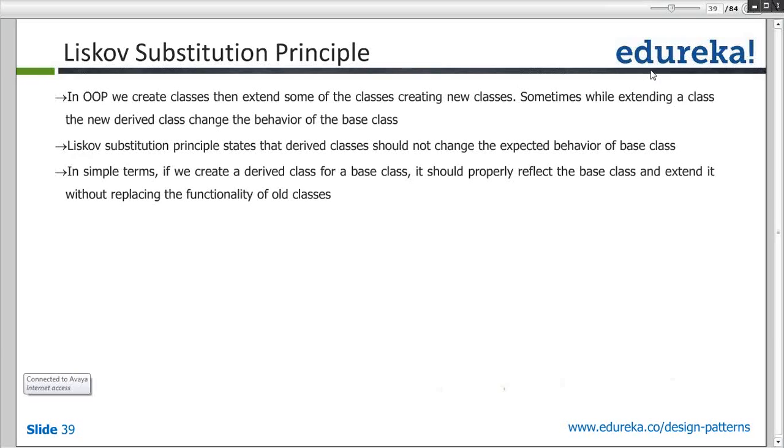For example, if my base class did, say, calculate my salary, any subclass of that should always calculate my salary and not perhaps my biological age or my emotional age or any of that sort, right?